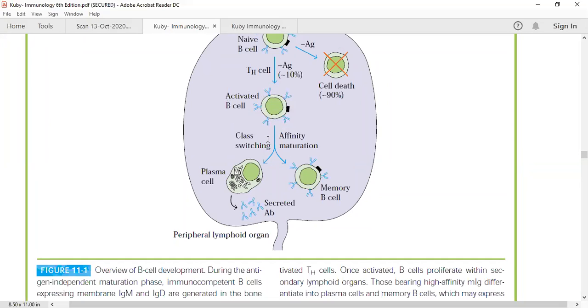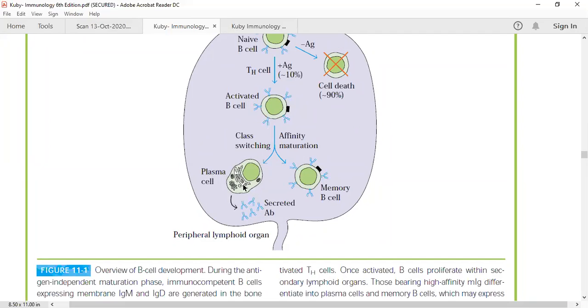But class switching means when these activated B cells are differentiating into the plasma cells, their size will increase. Why is their size increasing? Because there are some morphological changes which are happening inside the cells because they are differentiating. In this process of becoming the plasma cell from this B cell, they will lose their B cell receptors or antibody molecules which are present over the surface, right?